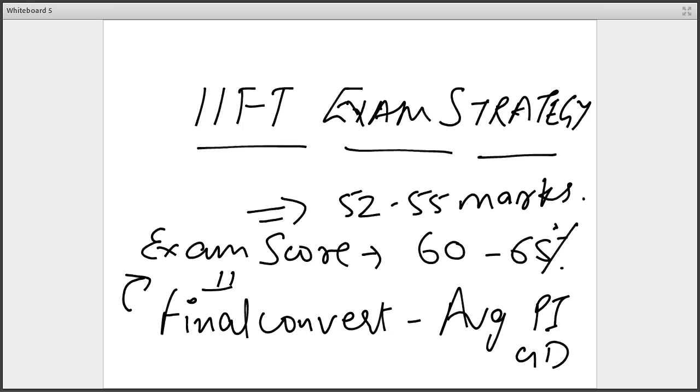If you are in that slot of marks in the written exam, irrespective of your profile, irrespective of missing out on a few answers in your PI, you can still expect an IIFT convert. And here I am not talking about a convert for IIFT Kolkata, but for IIFT Delhi, assuming you have put the Delhi campus at a higher preference.